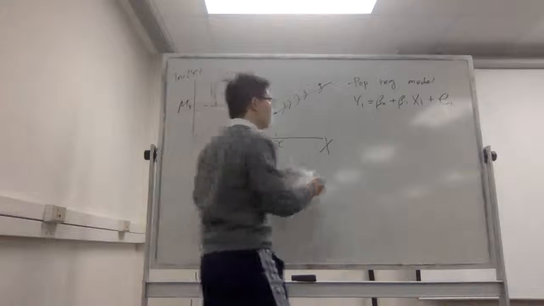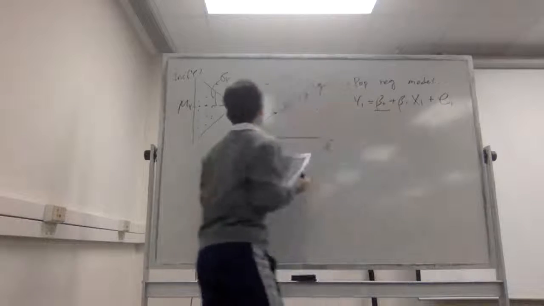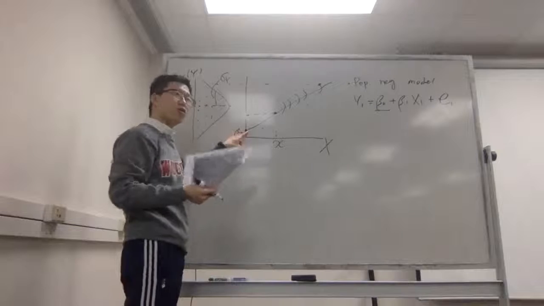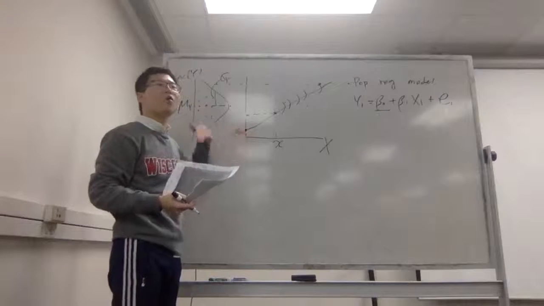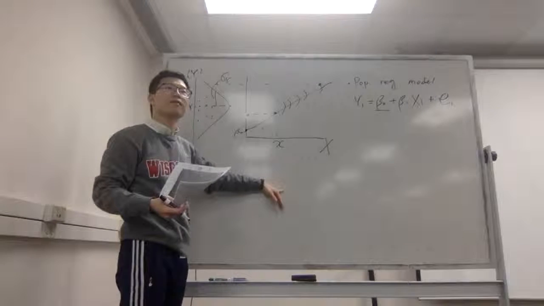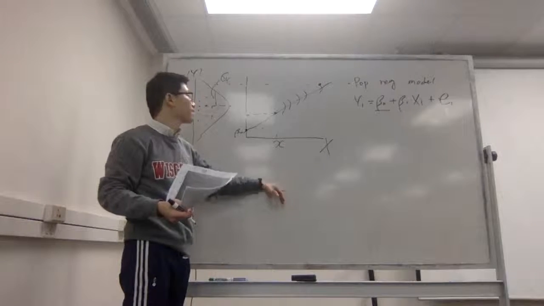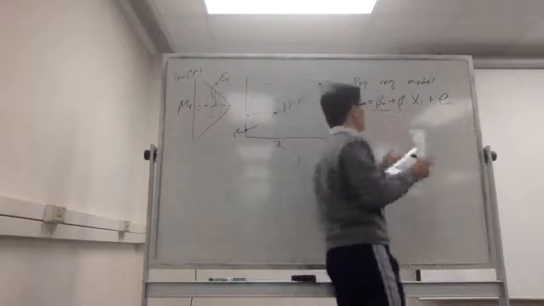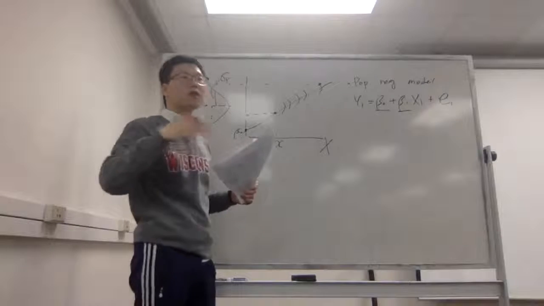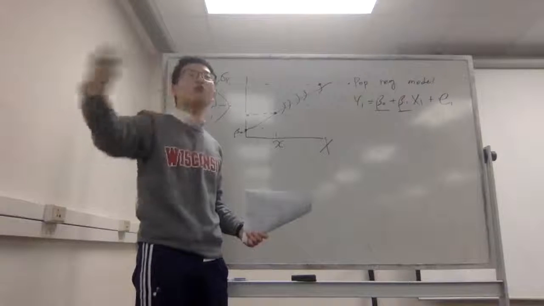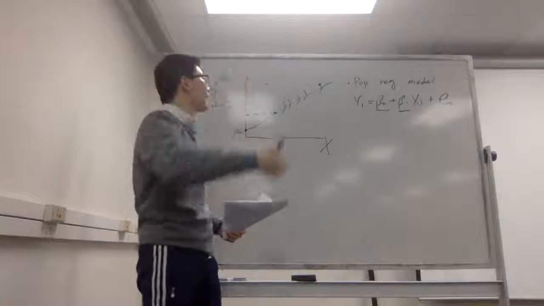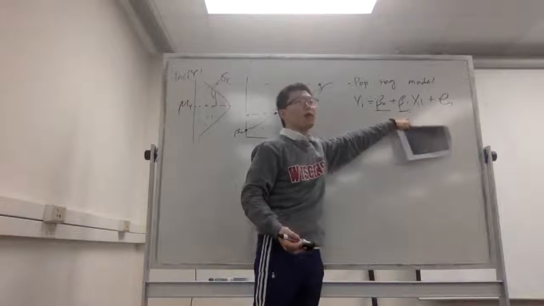So beta 0 is the expected value, or the predicted value, of y when x is 0. Good. And then the slope right here: whenever x increases by 1 unit, the predicted value of y increases by beta 1.